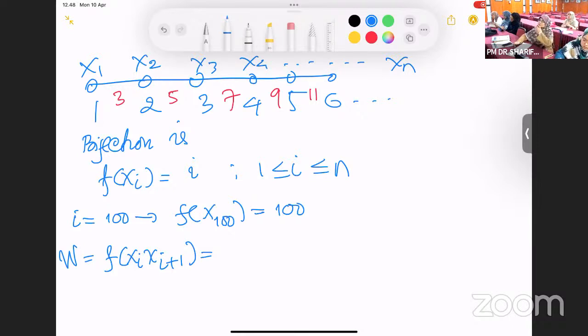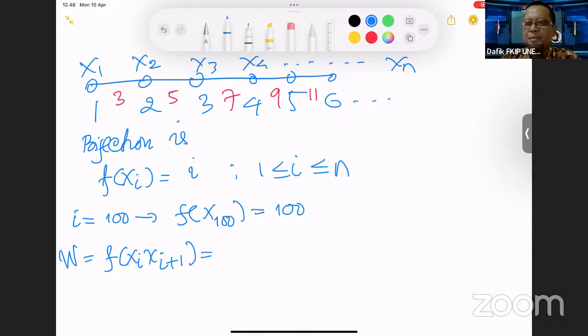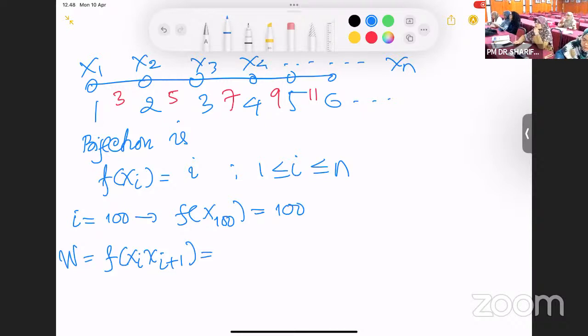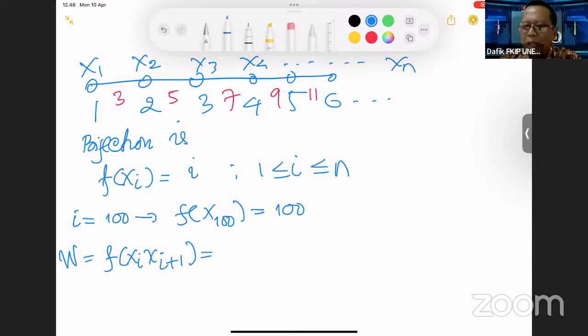We have 3, 5, 7, 9, 11. This is actually an arithmetic sequence. 3 is the initial value. The difference is 2. Then we have an arithmetic sequence a plus (n minus 1) b.